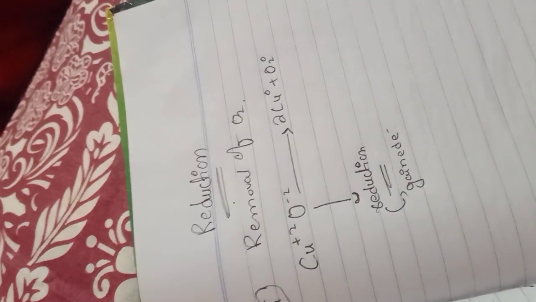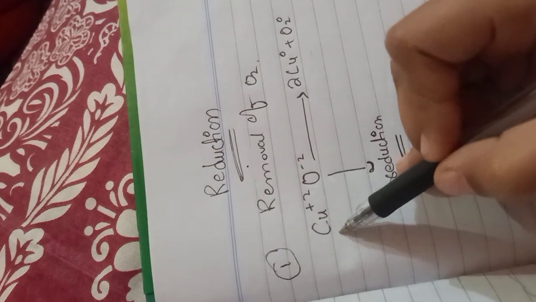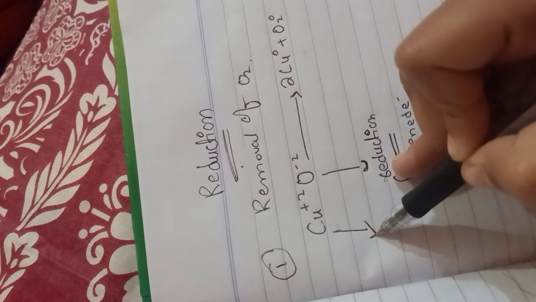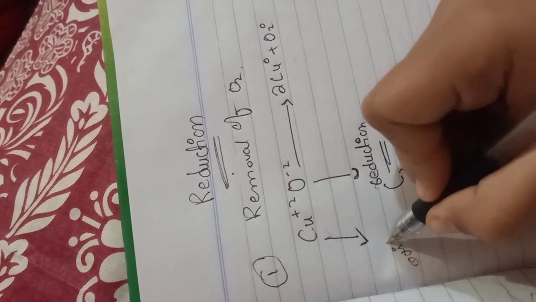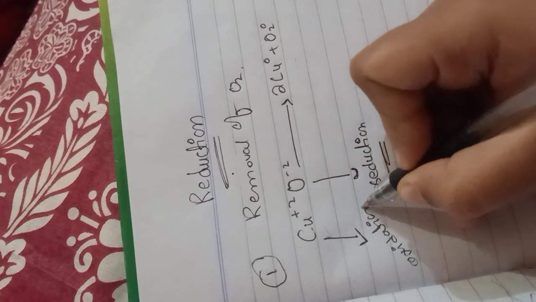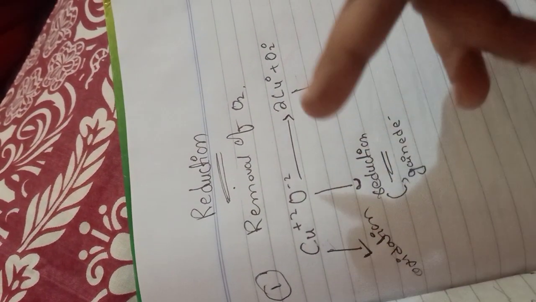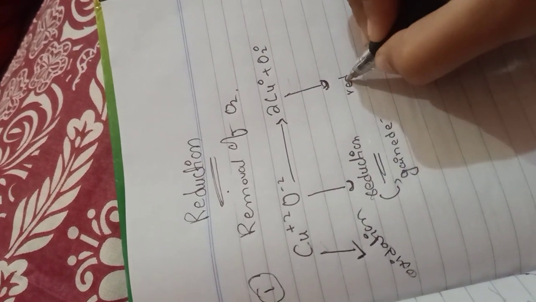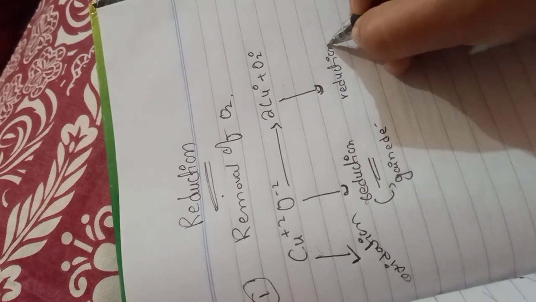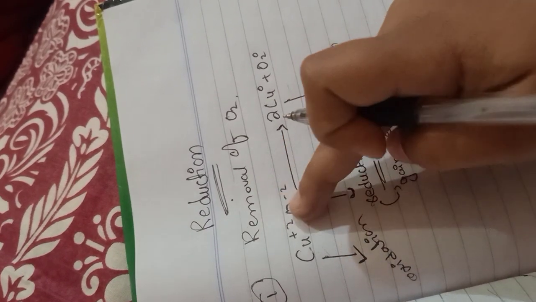Here you can see that it was an oxidation process. Oxidation was there, and here you can see that it has gained 2 electrons, which means reduction has occurred.